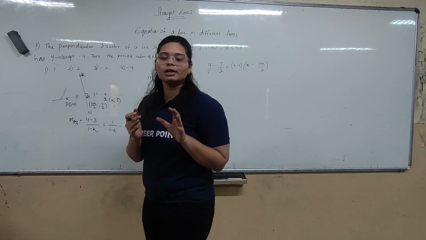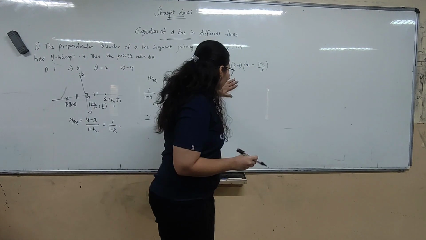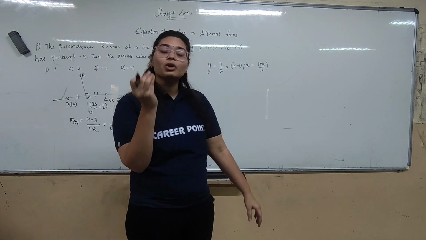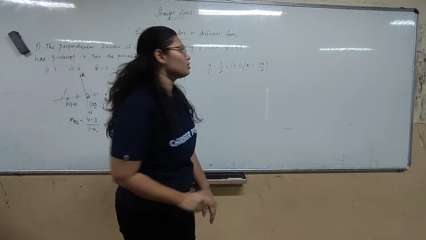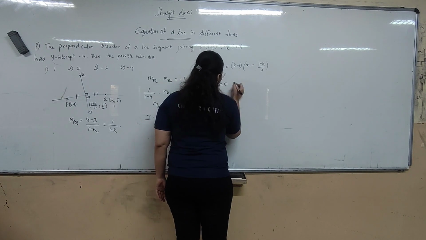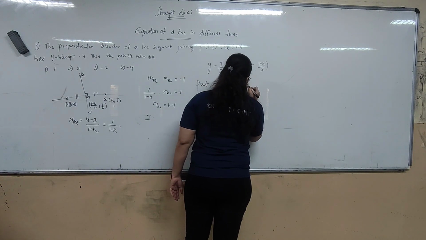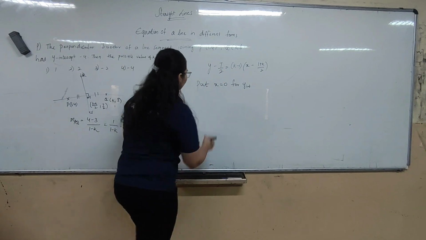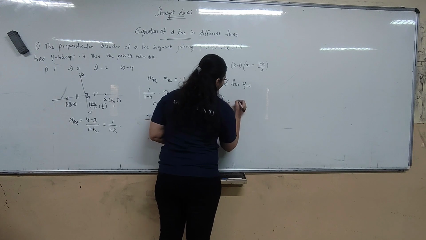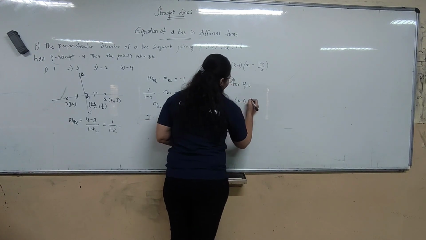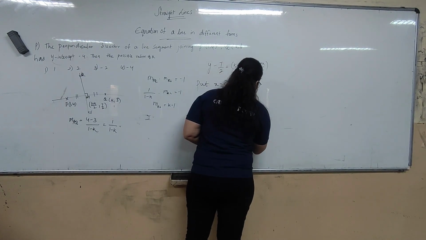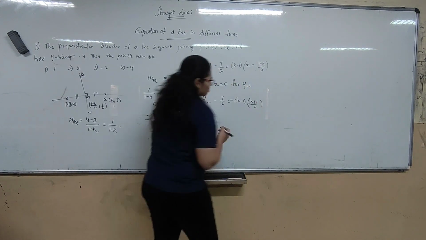We have just seen that if we want the y-intercept of a line equation, we put x equals 0. So, putting x equals 0: y minus 7 by 2 equals (k minus 1) into minus (k plus 1) by 2.